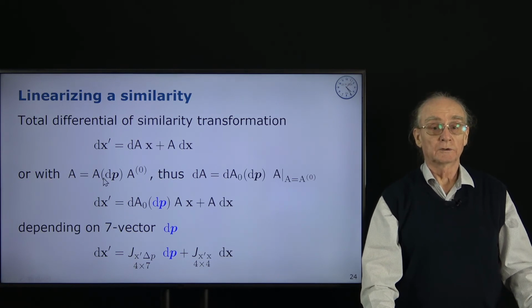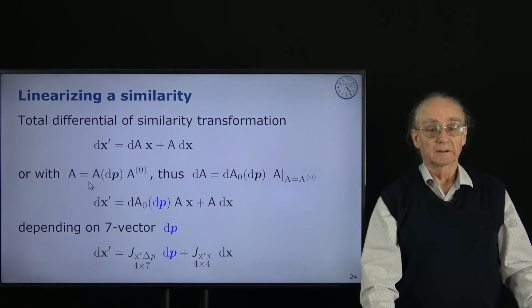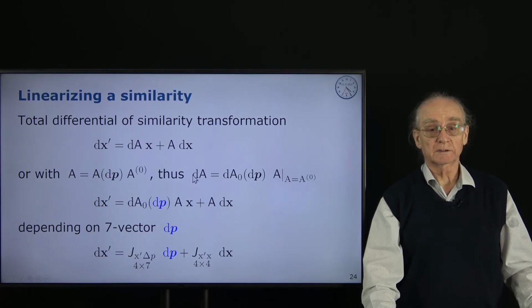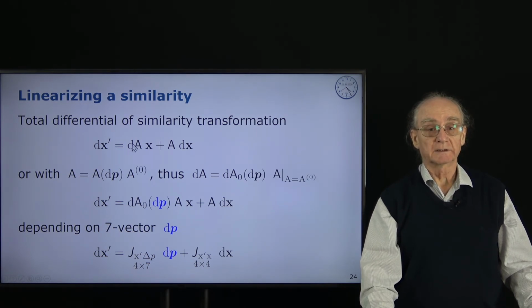So we need to use the relation between the A and the A0 and the A depending on these 7 parameters. So if we take the differential of this equation, we get dA approximated as dA0 of dp multiplied with A evaluated at the approximate values. So we use this expression here, plug it in here, so we get dx prime is dA0 of dp multiplied with A multiplied with x plus A dx.